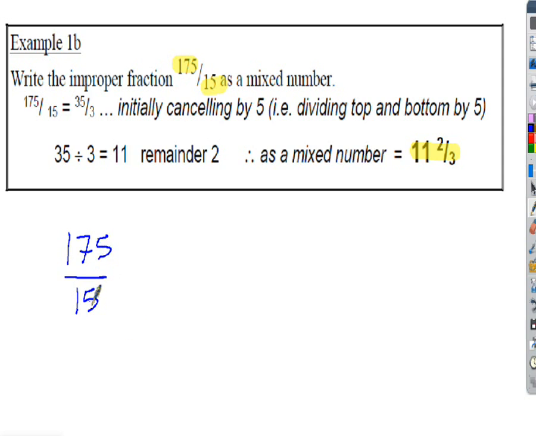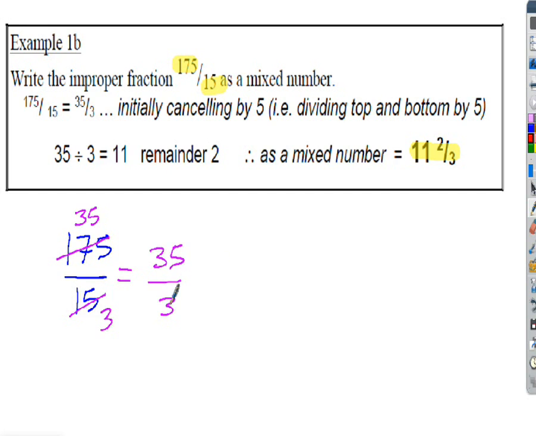Because the numerator and denominator values end in 5, we know we can divide completely by 5. So divide the denominator by 5, 15 divided by 5 is 3, and divide the numerator by 5, 5s into 175 go 35 times. So we can now write this top-heavy fraction as 35 divided by 3.